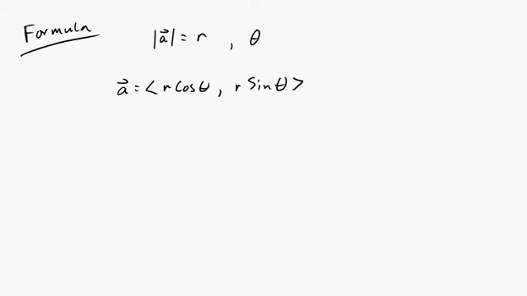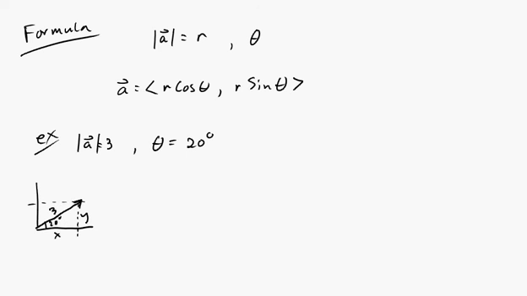So for example, let's say the magnitude of A, the length of A, is about 3, and theta equals 20 degrees. So it kind of looks like this. You have about 20 degrees, and you're going out 3. We want to know how far over is this, and how high is this? What are my x and my y's? And so we would do 3 cosine of 20 and 3 sine of 20.